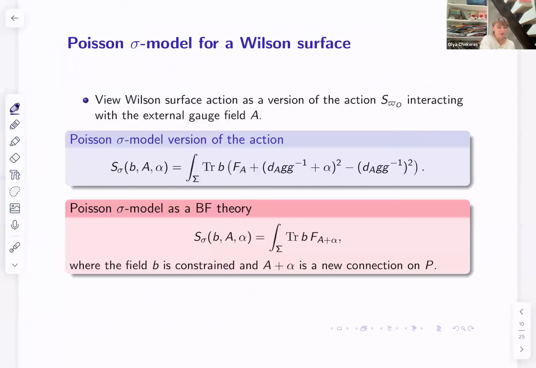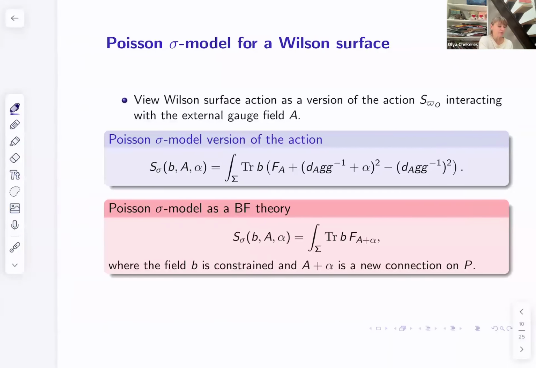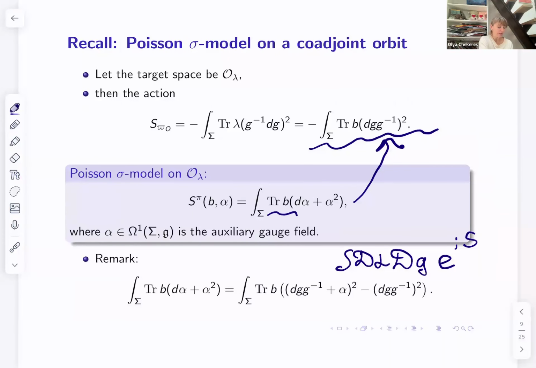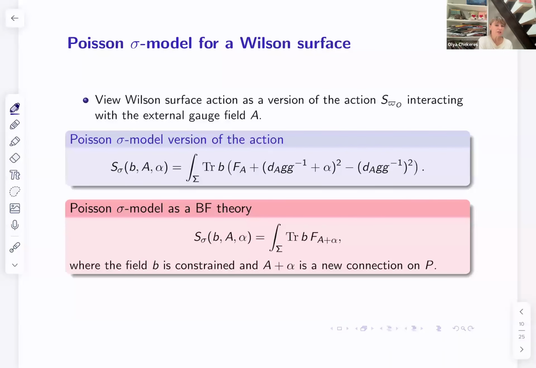But now, instead of the differential, there is this covariant derivative. And instead of this formula where we have the connection alpha, we get, after certain transformations and computations, something else. We get actually the curvature of the new connection, which is A plus alpha. So this is a connection modified by the one form alpha. And now F is the field strength or the curvature of this new connection on the same principal bundle.